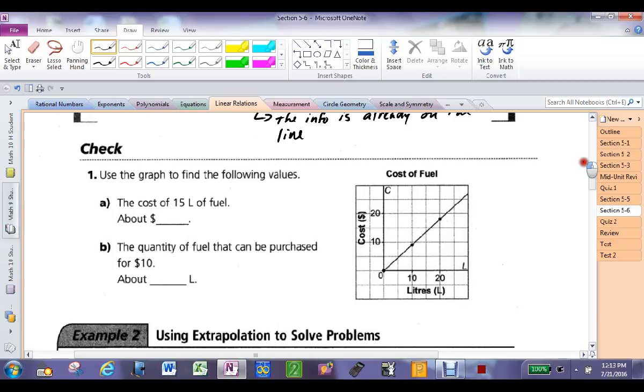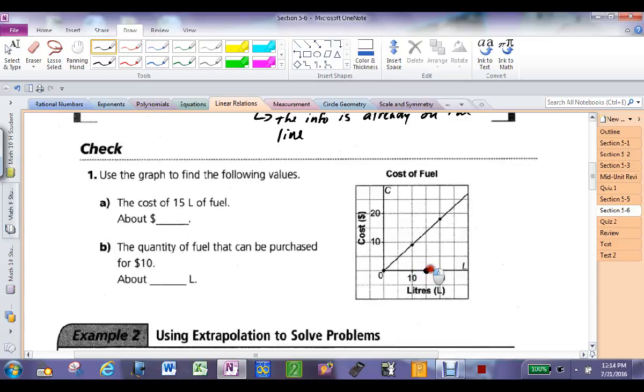Okay? So go. Figure this one out. What is the information that I have? Do I have the liters or the cost for 1A? I have the liters. So where do I go? The X or the Y axis? The X. And I go to 15.